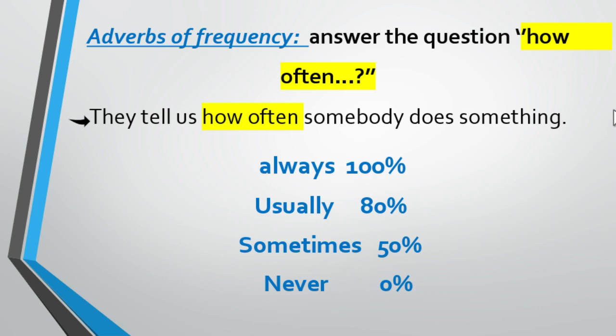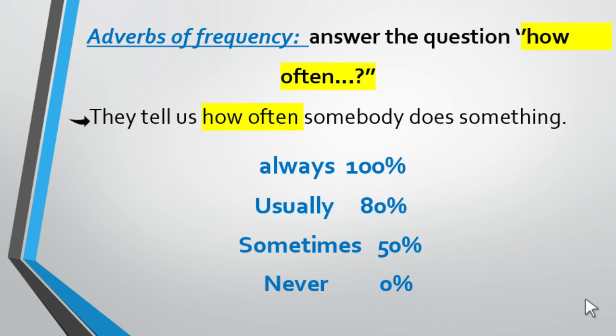For example, I ask you a question: how often, for example, do you eat apples? And you say, I never eat apples. Like, I don't eat apples, I don't like apples, like they're never in my mouth. You see, so those are adverbs of frequency. Of course, we're going to go through them in detail, but here we go. Okay, we have 4. We're going to go through these 4 here.